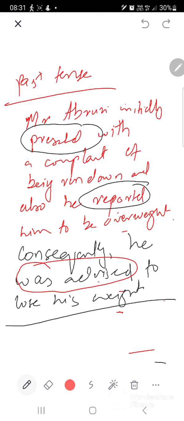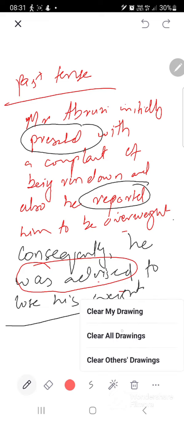So body of the letter can be, we can say, written in the past simple tense, right? We can also use the past perfect. I will give you an example for that.